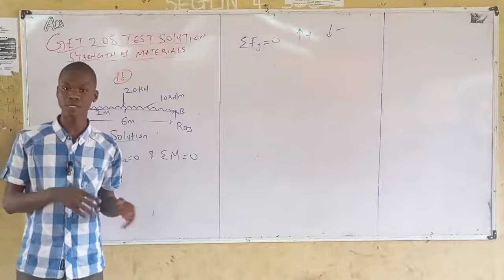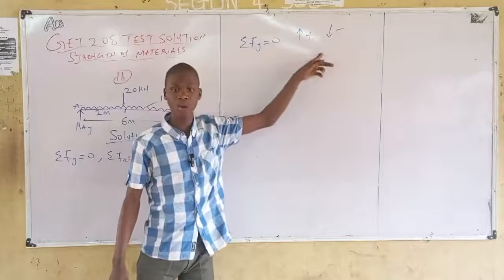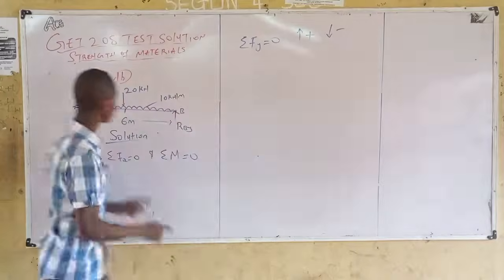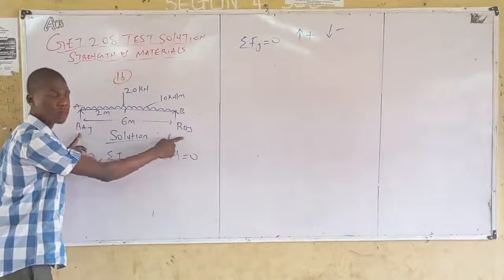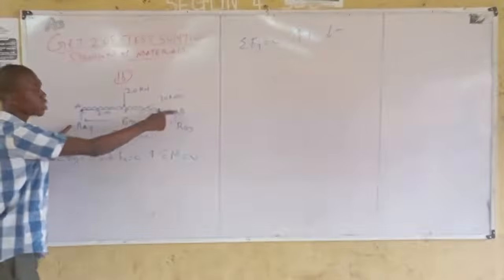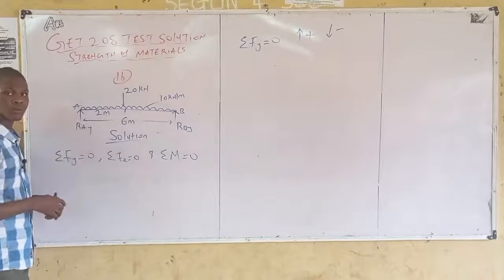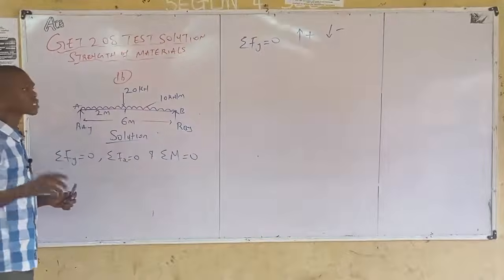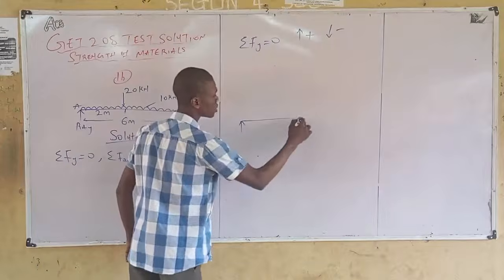They are my vertical forces. And we said that upward force is positive while downward force is negative. Meaning RAY and RBY will be considered positive, because they are acting upward. While this point load and this U.D.L will be considered negative, because they are acting downward. Any question on that? It's just like you splitting it. Let's say you have something like this.